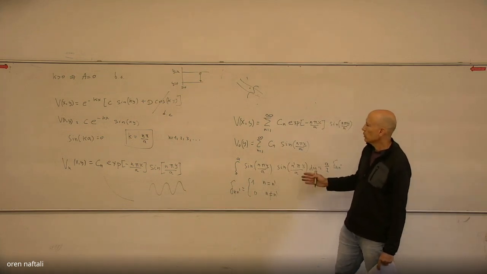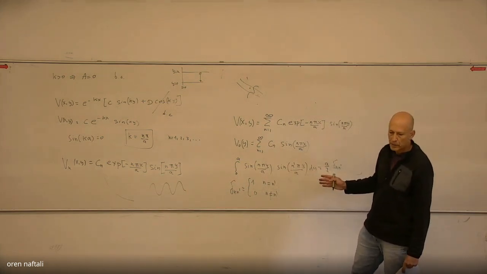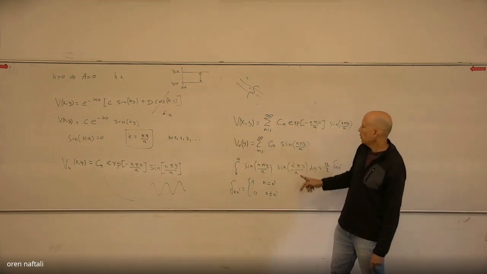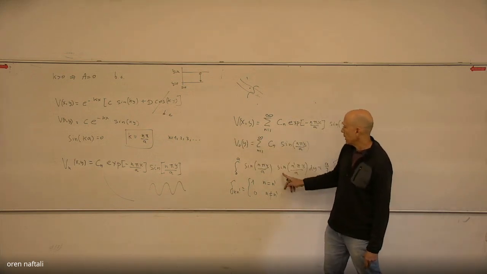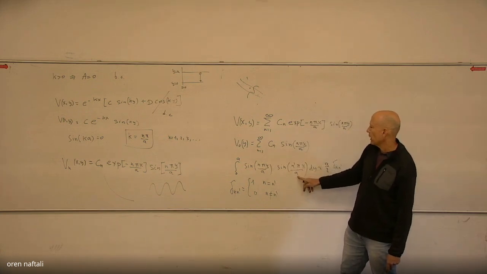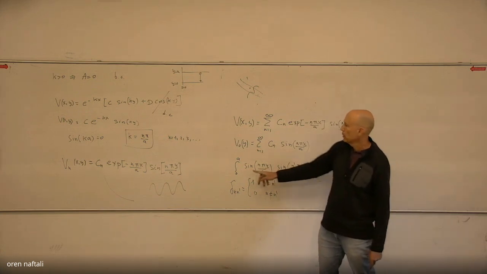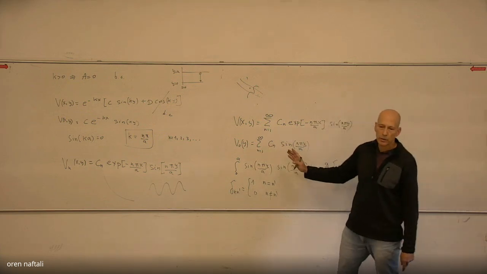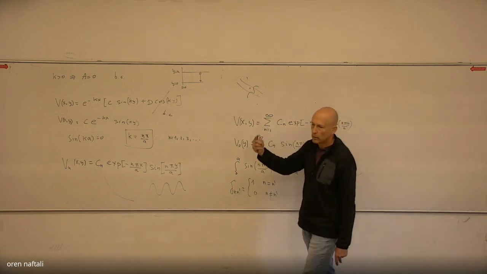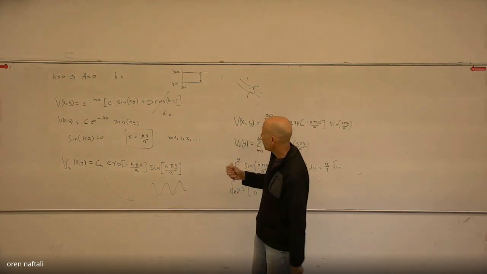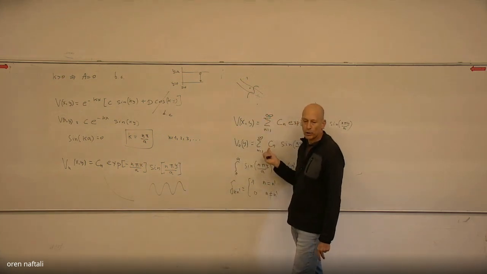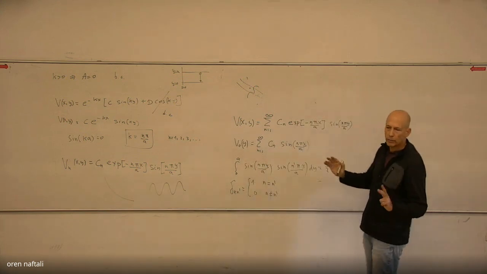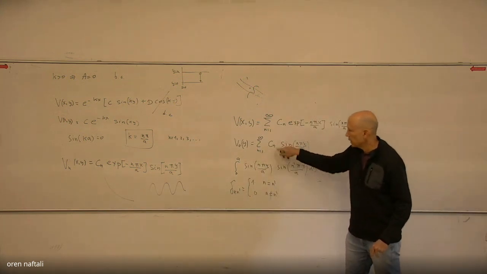These are also called orthonormal functions in general. And you can also call it a filter. Why is it a filter? You see this equation? I can now multiply it from the left by sine of n prime pi y over a and integrate over y. Because here I have an infinite number of Cn's, I'll be left with one. And this is good, because if I'm left with one, I can know what it is. It will depend on n. This is why I call it a filter of these Cn's.